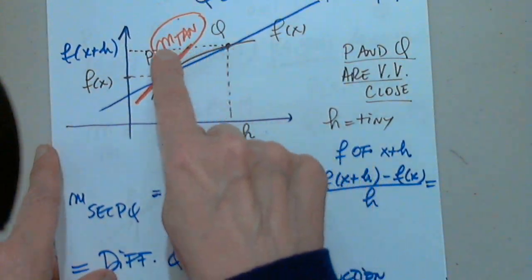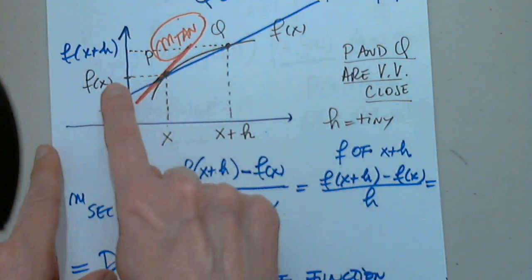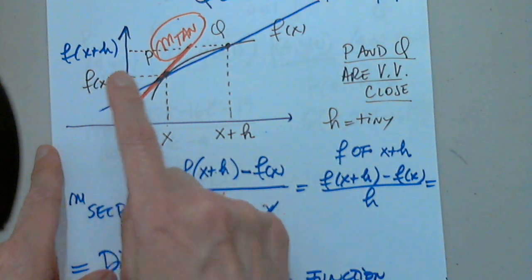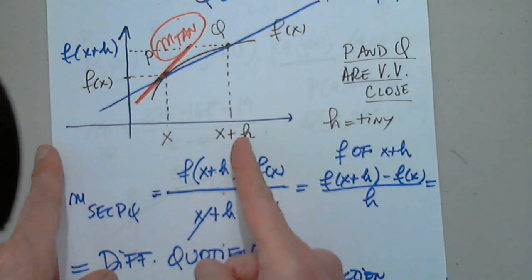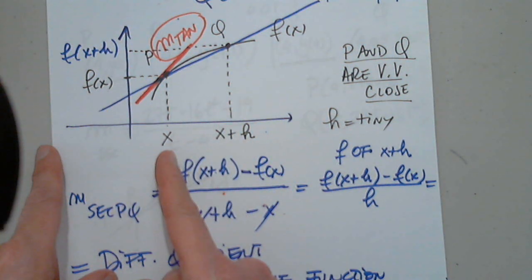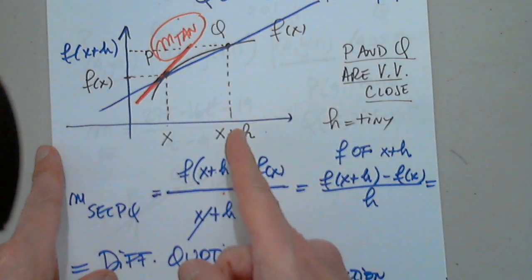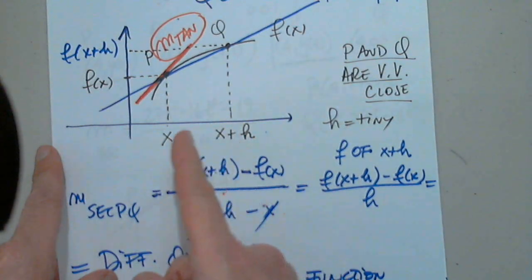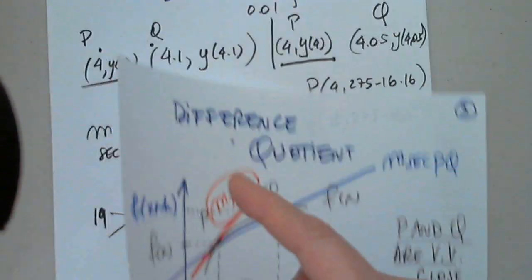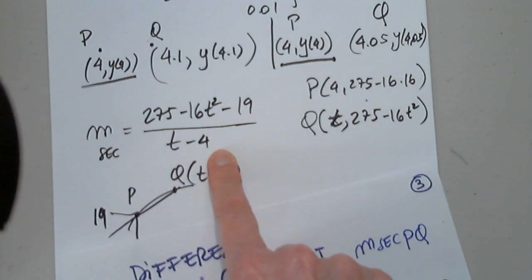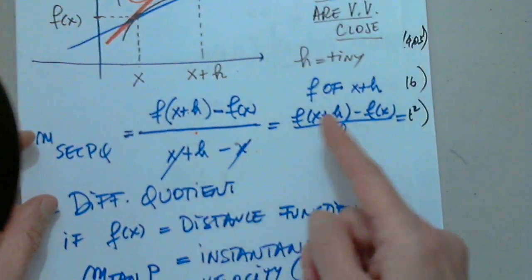f of x plus h minus 19 over x plus h minus 4. It's the same formula that we used 3 times.